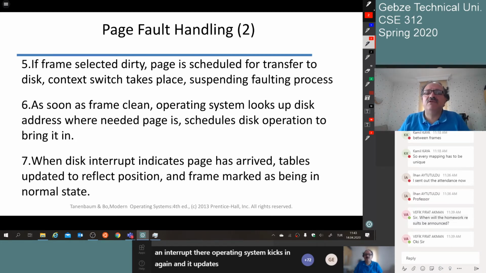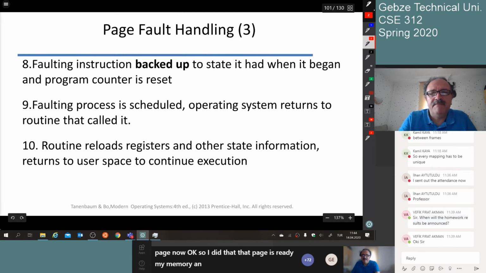I will mark the process's page table, and also the TLB, to point to this page now. Okay, so I did that. Now the page is ready in my memory, and I updated all of my page tables and the TLB.